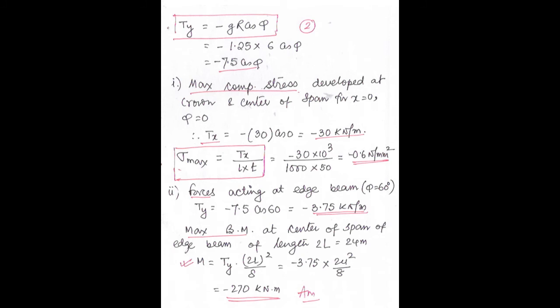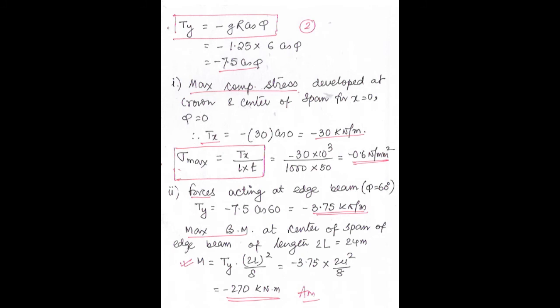If you put x equal to 0 and phi equal to 0 in Tx, you get minus 30 cos 0, that is minus 30 kilonewton per meter. So sigma max will be Tx by 1 into T. So Tx is minus 30 into 10 cube divided by 1000 into 50, because the shell thickness is given as 50. This gives us minus 0.6 Newton per mm square.